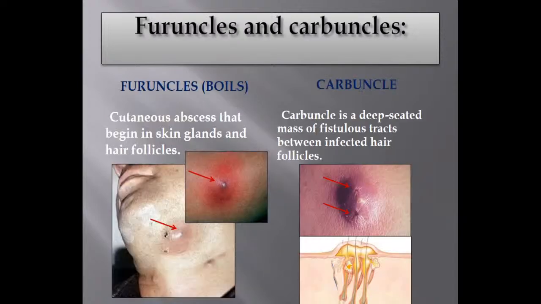Okay, and how can we treat furuncles and carbuncles? Of course, it's anesthesia, then incision, and then we have to evacuate the pus inside of it and the hair follicle. How to do it? It's very difficult. It's not an abscess where we can see liquid pus.